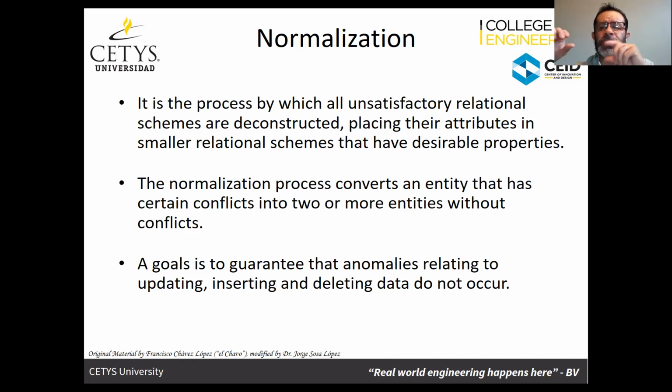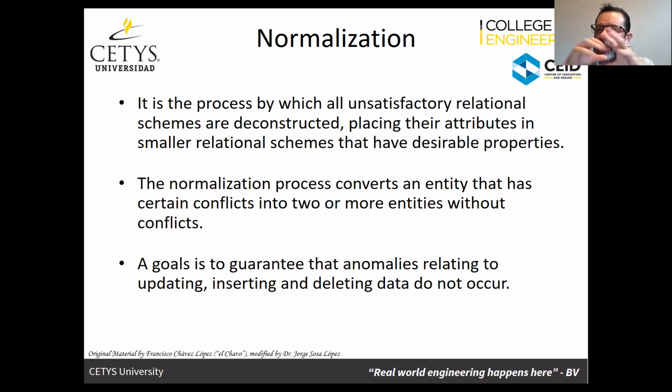We need the tables to follow certain rules because we want the structure of our database to be solid and congruent, so as to avoid as much as possible any sort of anomaly that could occur with the data that we're storing. Any part of the structure of our tables that does not satisfy certain rules has to be corrected.